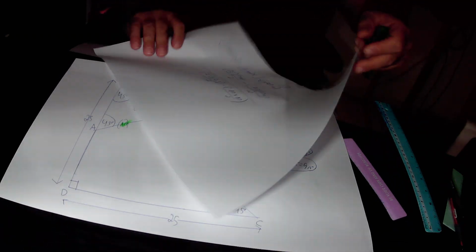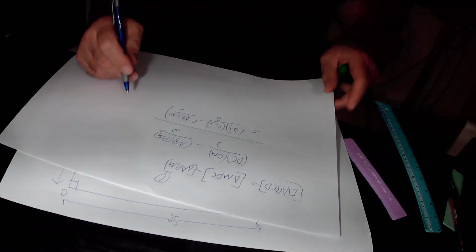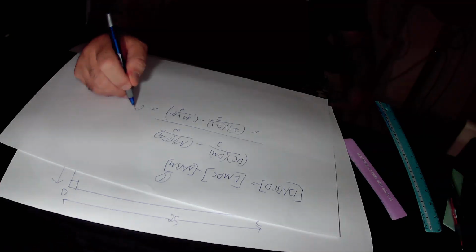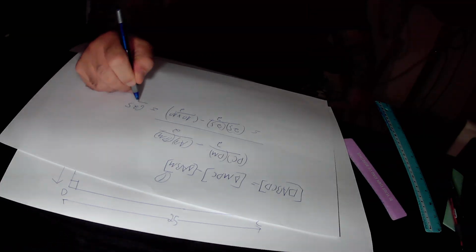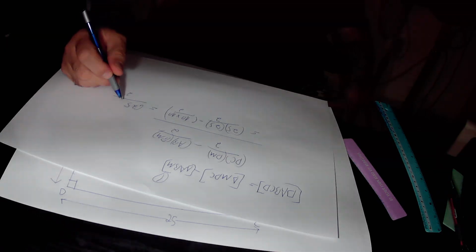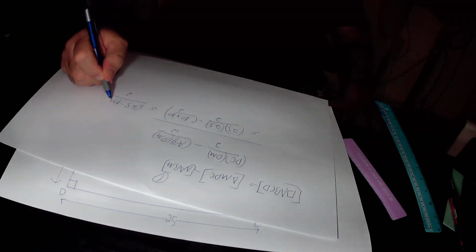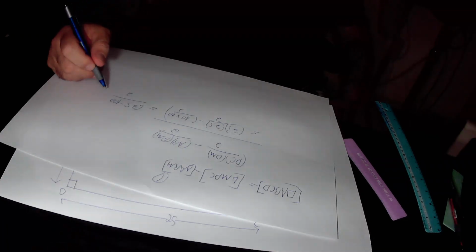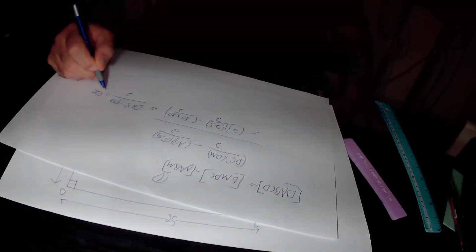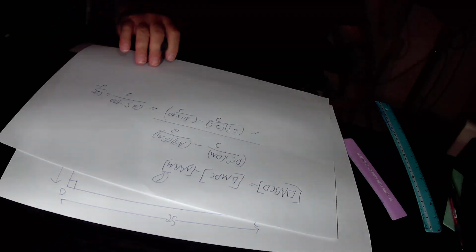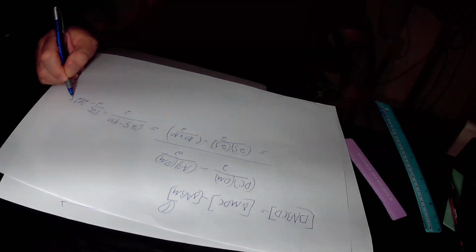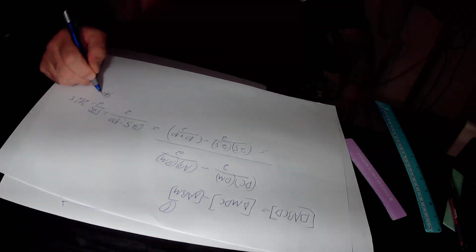So in total, the area of quadrilateral ABCD equals 25 times 25, which is 625, divided by 2, minus 10 times 10, which is 100, over 2. So 625 minus 100 is 525 divided by 2, which is 262.5 square units in its size.